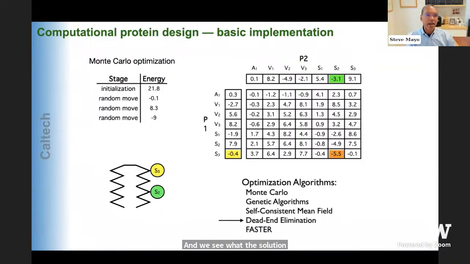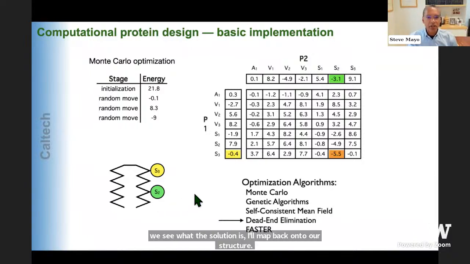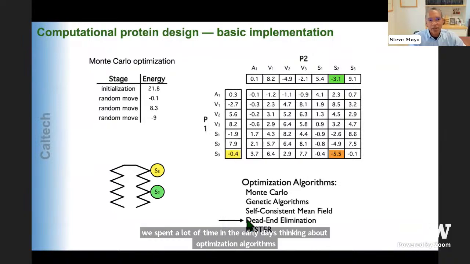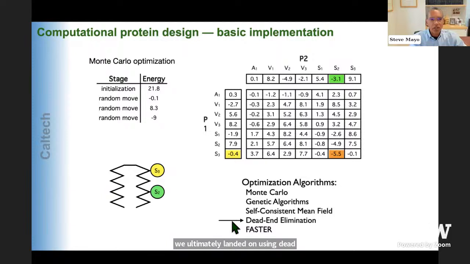And we spent a lot of time in the early days thinking about optimization algorithms. We ultimately landed on using dead-end elimination because of its ability to achieve the ground state solution.